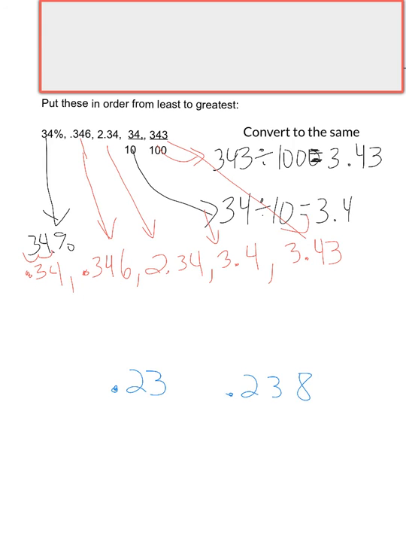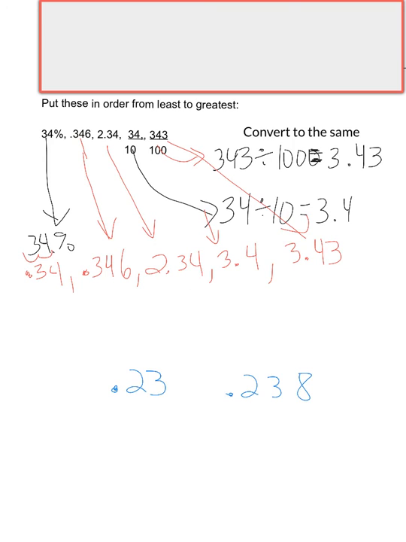Then we go to the next value, which is 2.34. We have a whole number, which is 2, so we know that's bigger than this. But our whole number over here is 3, and 2 is smaller than 3, so this is the next biggest number.